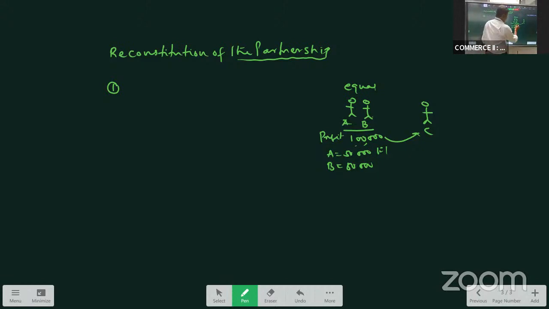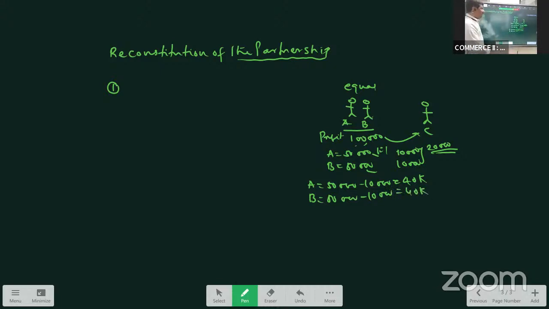So suppose A is parting with 10,000, B is also parting with 10,000, and this 20,000 is being given to C. So now A, after parting with 10,000, will be left with 40,000 only. B, after parting with 10,000, will be left with 40,000 only. So what did A and B do? A and B sacrificed their share of profit in favor of C, isn't it?